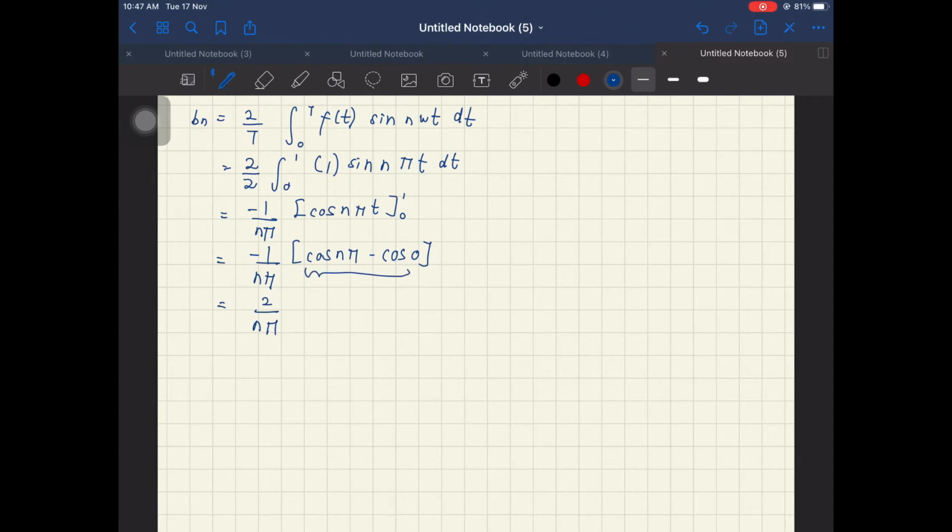For this example, you will get 2 over n pi, where when you insert the values of odd and even, you will get different values. You will get 0 when n is even, while you will get -2 for n equals to an odd number.